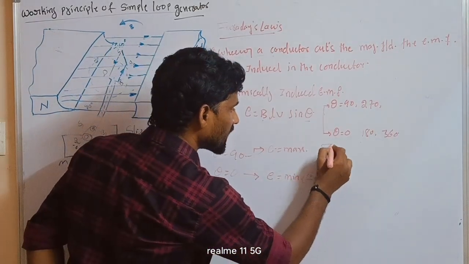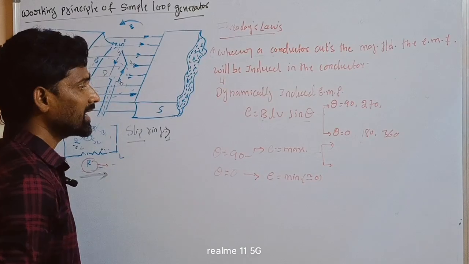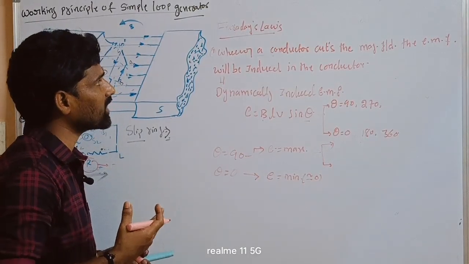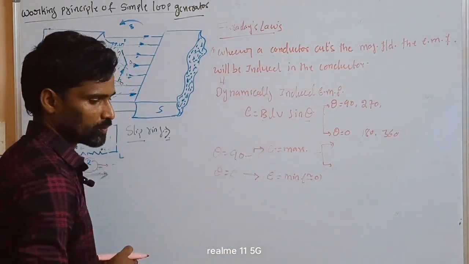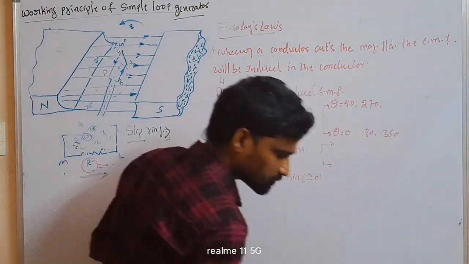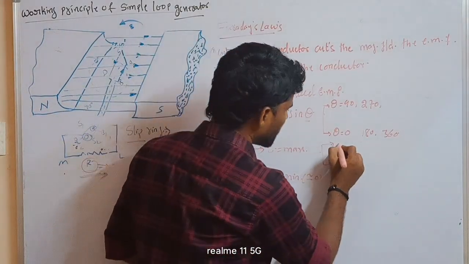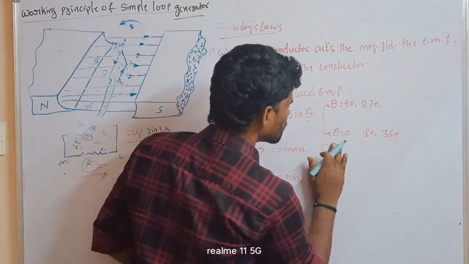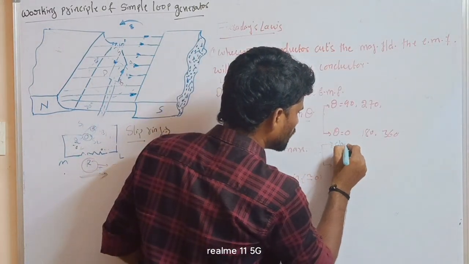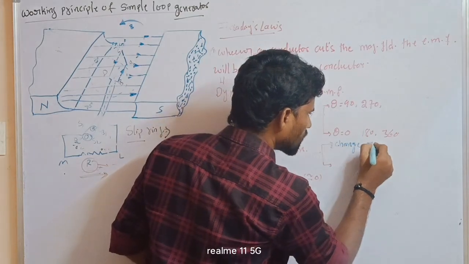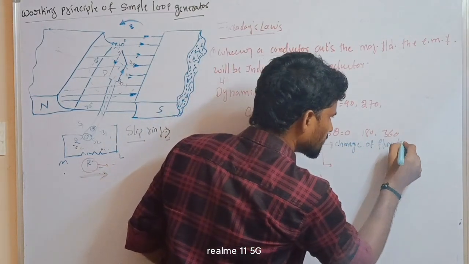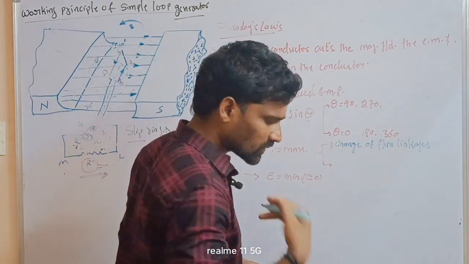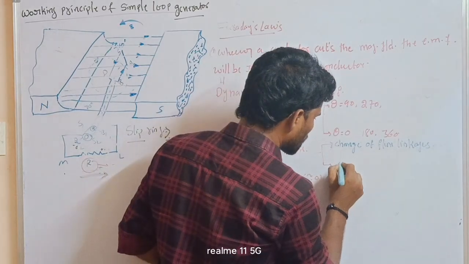For the maximum EMF condition, we consider two things. One is the rate of change of flux linkages. When the rate of change of flux linkages is more, the induced EMF is more. The second one is the flux linked with the coil.